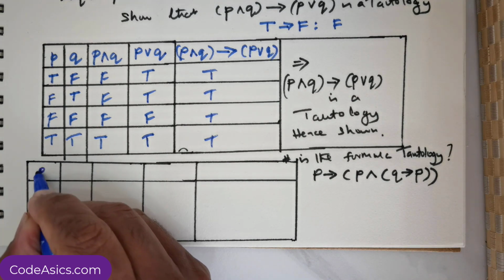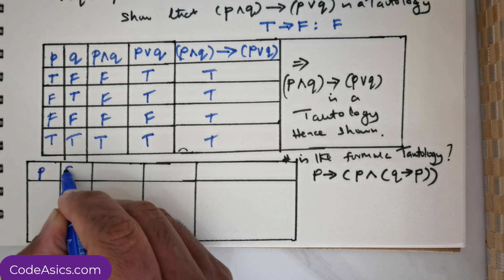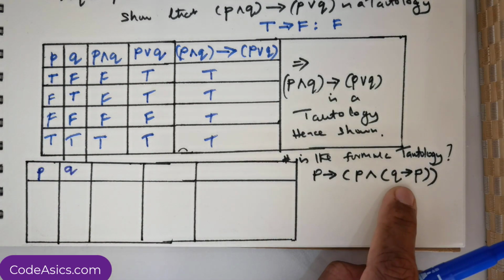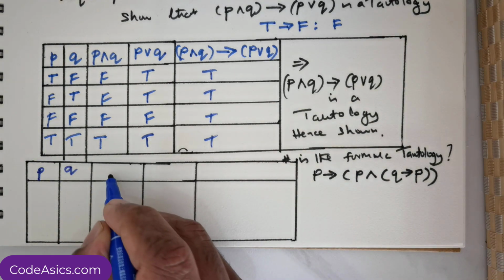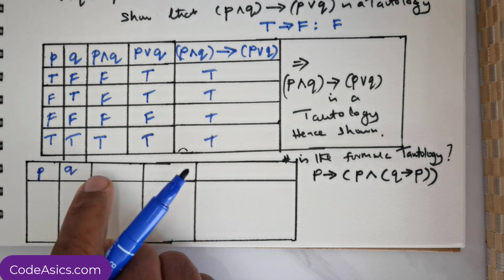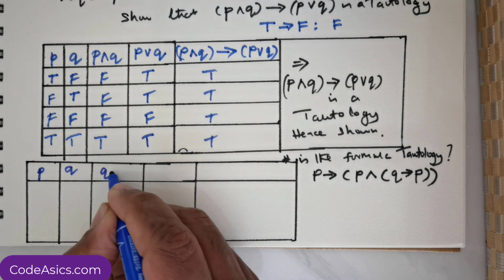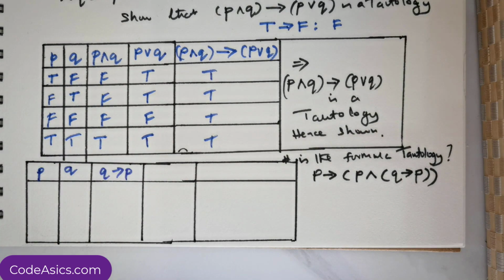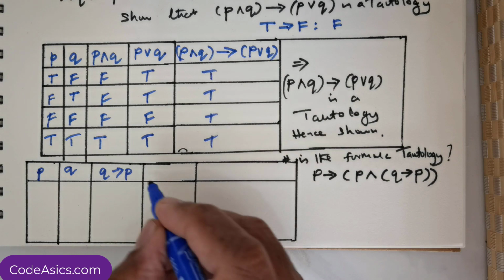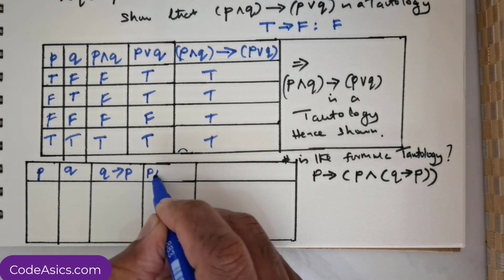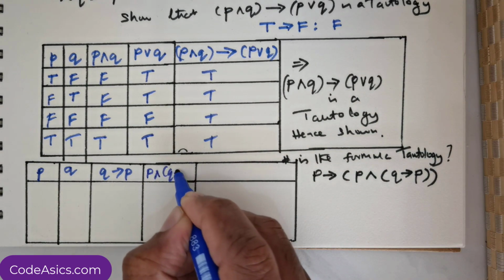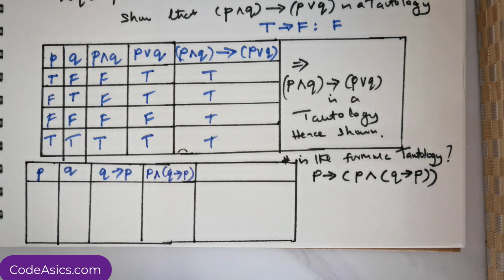So I've got a P and I got a Q. Then I need to take Q conditional P. That's fine, I can extract that. And then after I have done that, I have to take P conjunction Q conditional P. That's fine.